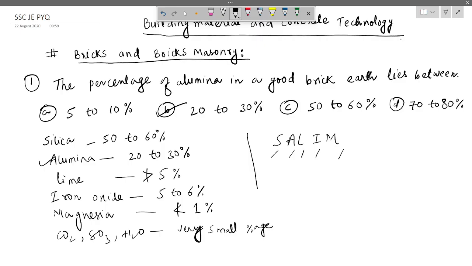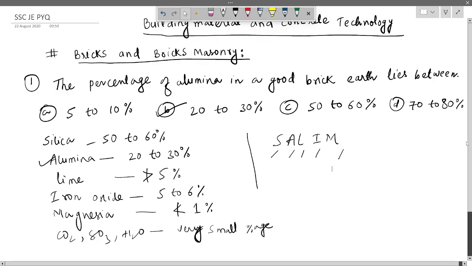What is the function of alumina in brick? अलुमिना प्लास्टिसिटी देगा. It imparts plasticity to the brick. Remember it. Okay, now we will go to the next question.